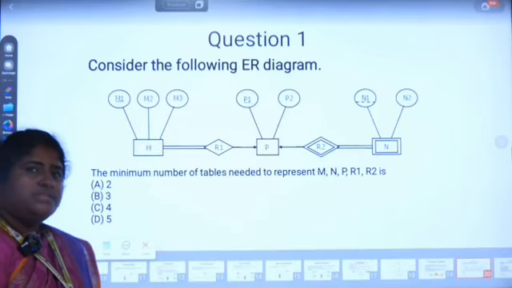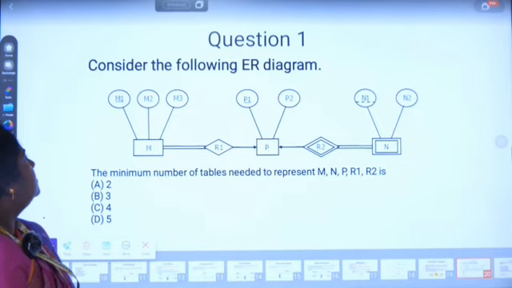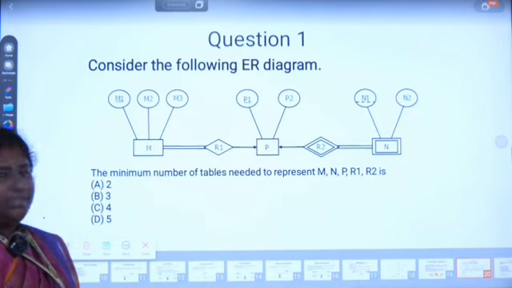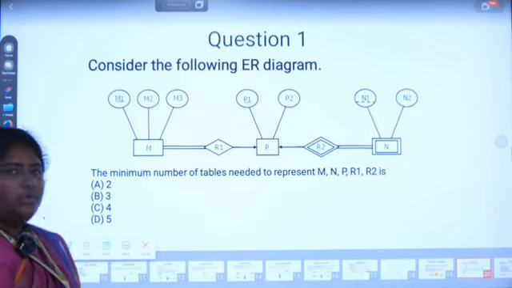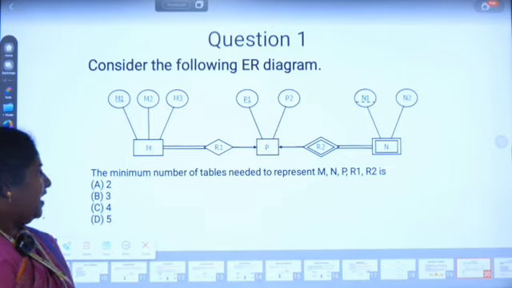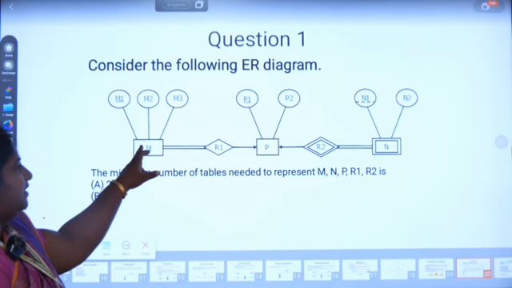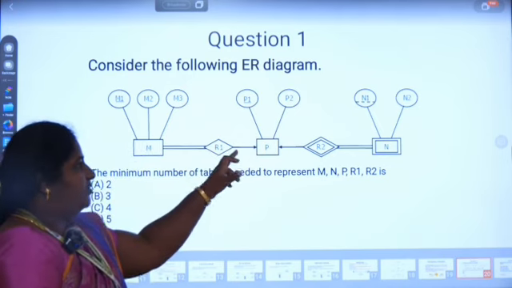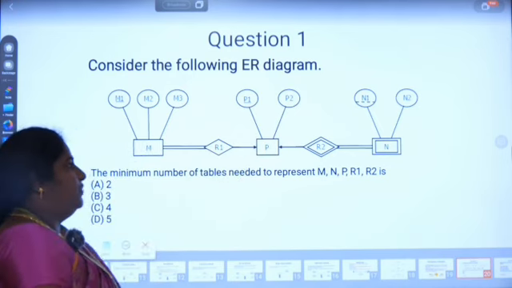Now we are going to discuss question 1. Here we consider the following ER diagram, which consists of three entities M, P and N. M consists of three attributes, P consists of two attributes and N consists of two attributes.